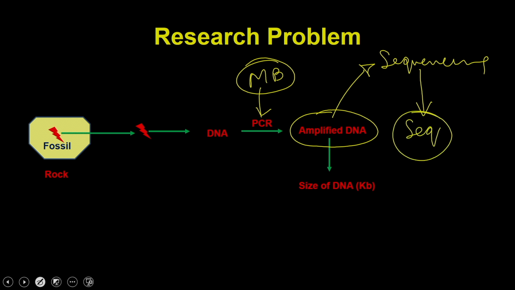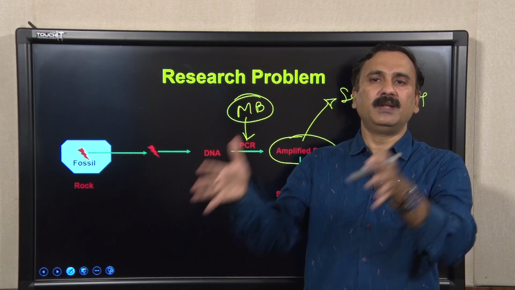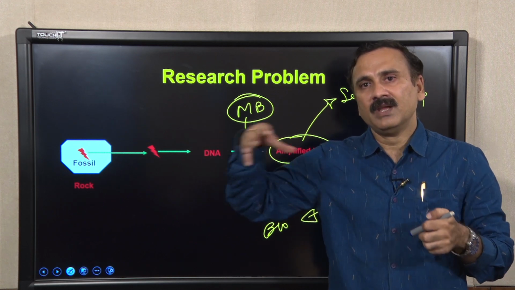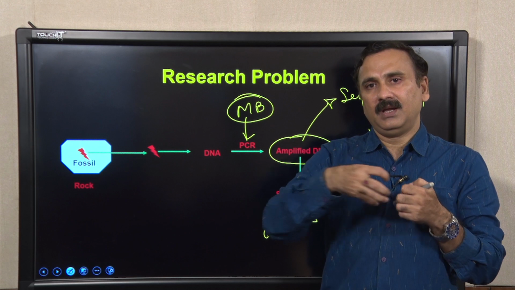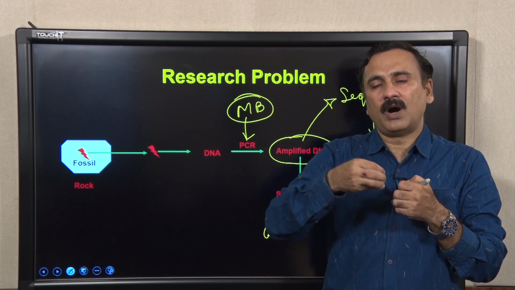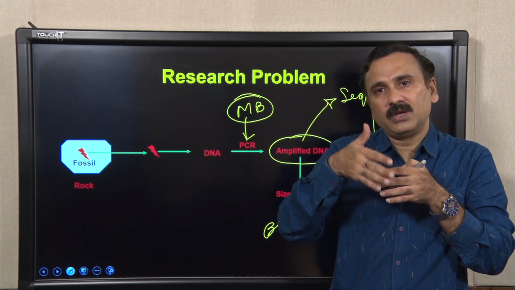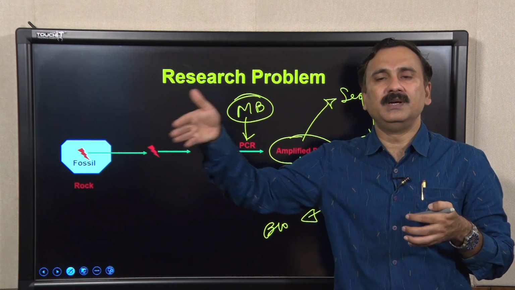Now once you got the sequence, you can use some of the bioinformatics techniques, and that's how you can take this DNA sequence, blast it against the genome, and that is going to tell you how close this sequence is to some of the organisms. So it is going to give you a closeness to its relatives.